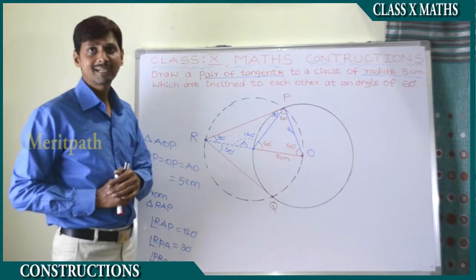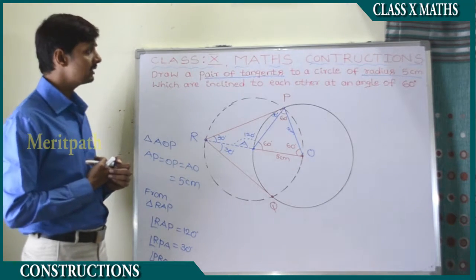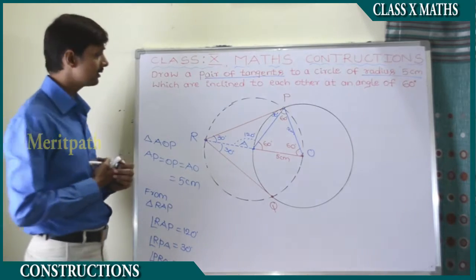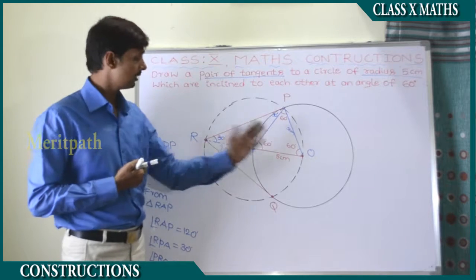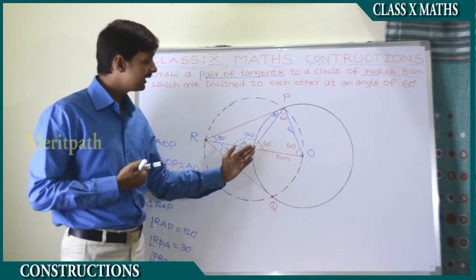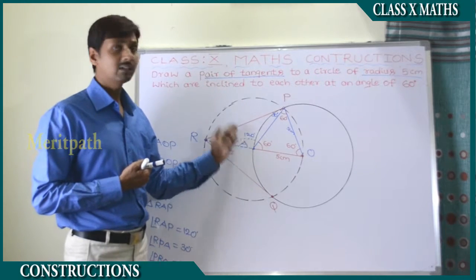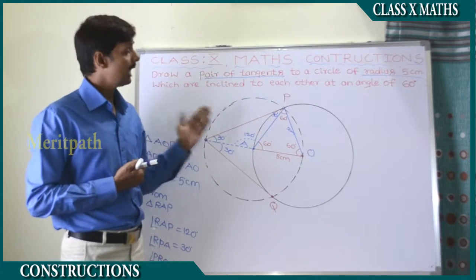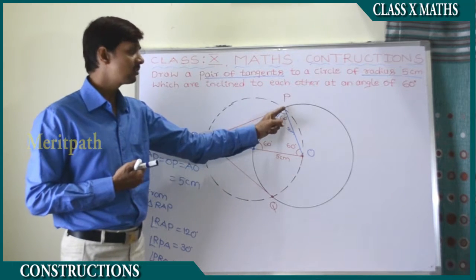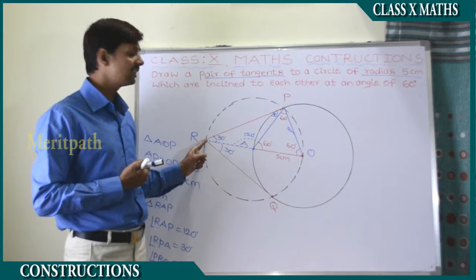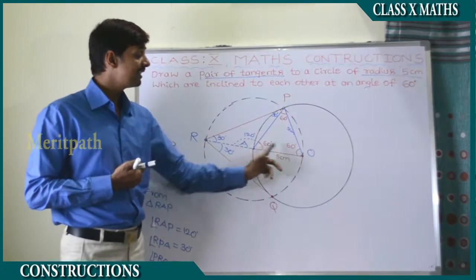And now let's recall the question here. Draw a pair of tangents to a circle of radius 5 centimeters, which we have done earlier. Draw a 5 centimeter circle, and then using this radius, using the point A, we have drawn another circle, the second one, and it's intersecting at 2 points P and Q. Using the points P and Q, we join an external point R, which we have extended the radius of OA.